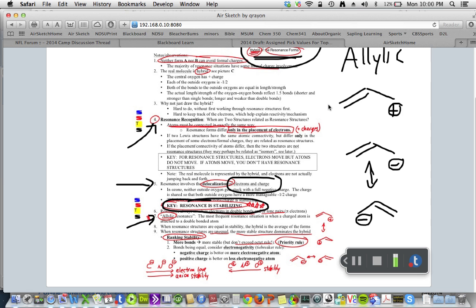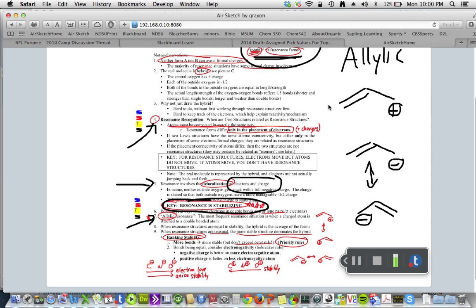So is the real species more like the right image or more like the left image? Well, it's actually more like the right image because you'd rather have more negative charge on oxygen than you would on carbon. So electronegativity guides you in evaluating which is more stable.